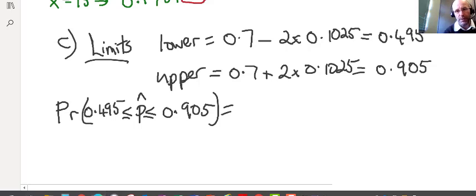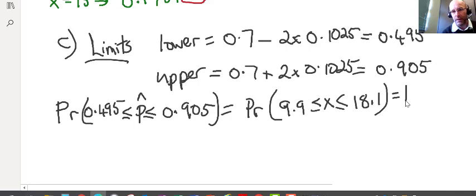Converting them to X scores, in other words, multiplying by 20, and to the nearest integer without going beyond. So we can go down to 10, not 9, discrete values, and we go up to 18, not 19. So from 10 through to 18.